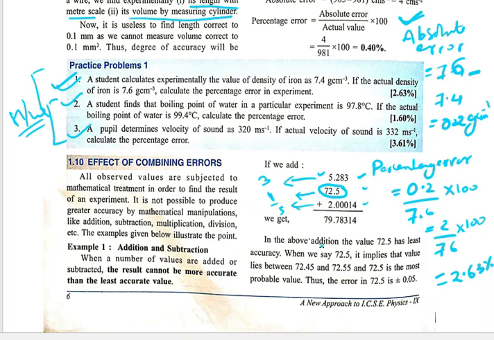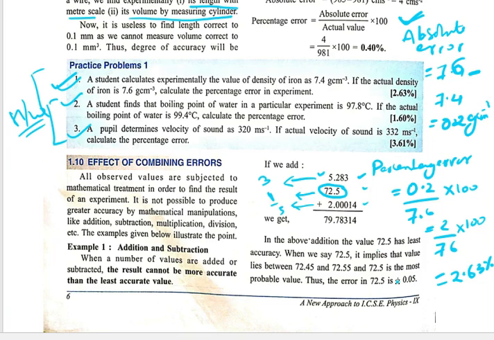When we say 72.5, it implies that the value lies between 72.45 and 72.55, and 72.5 is the most probable value. Thus the error in 72.5 is plus minus 0.05.